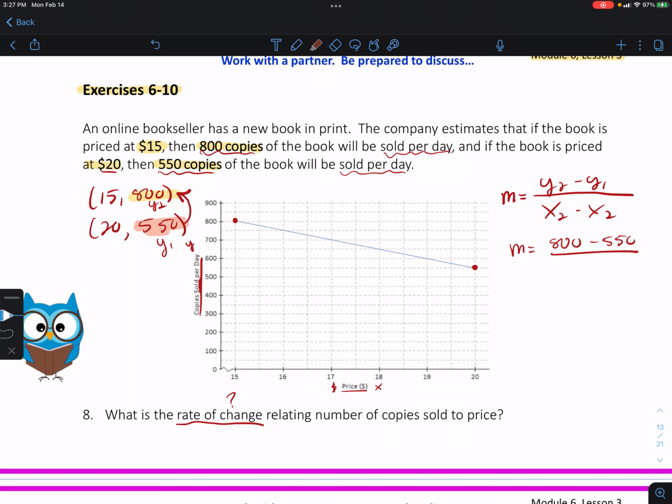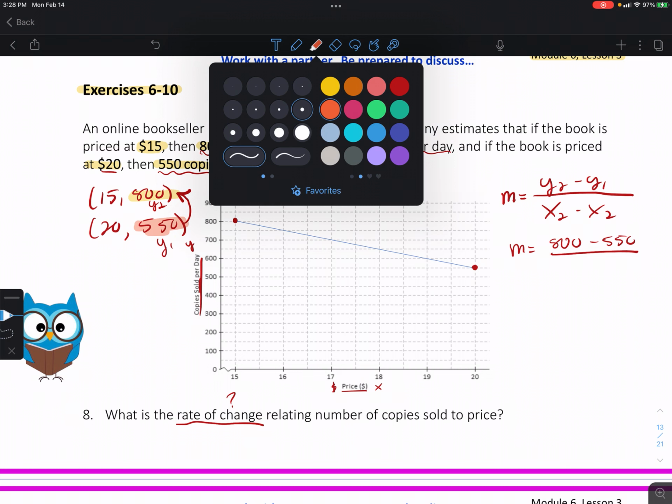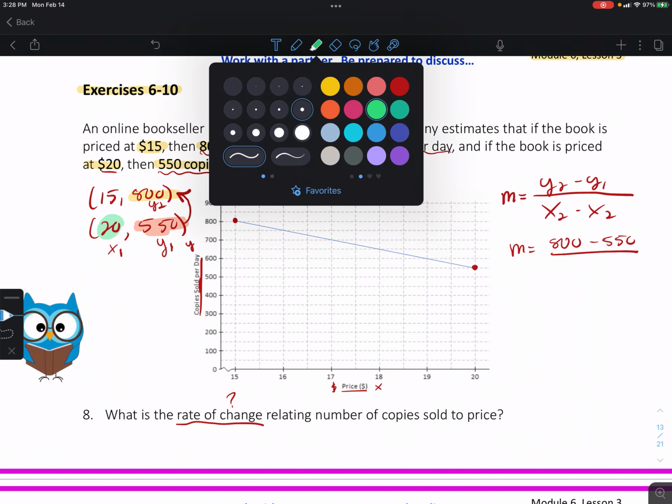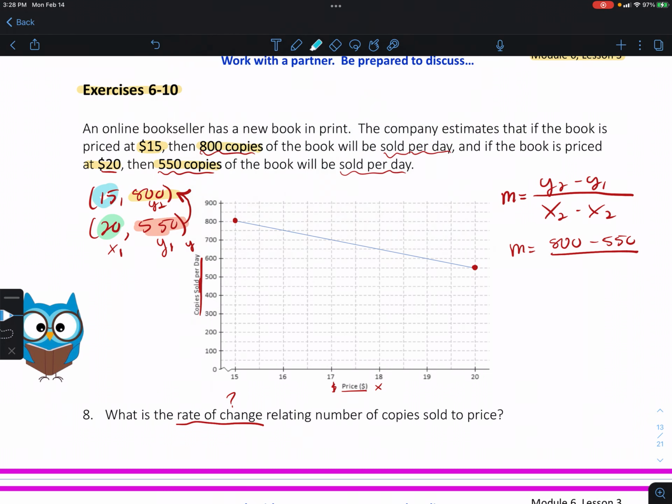And then I follow a similar logic with my x values. If I call this one x1, notice how it matches the y1. They're in the same point. And I call my 15 my x2, again, notice how it matches the y2 in the same point. I'm going to do 15 minus 20.